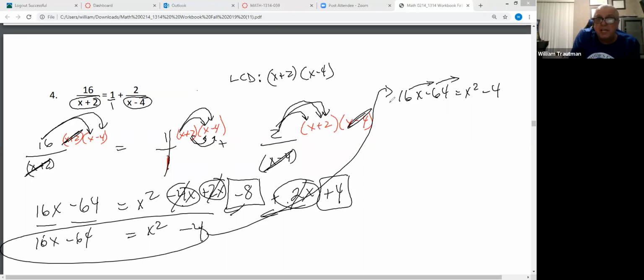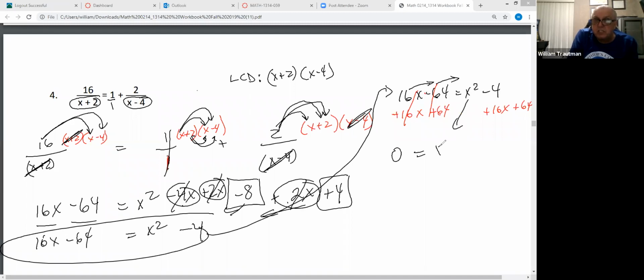So I'm going to take the 16x to the other side. The opposite of subtracting 16x is plus 16x. Plus 16x. Then 64, the opposite of subtract 64 is add 64. Add 64. Those cancel, and I am left with 0 on the right-hand side.